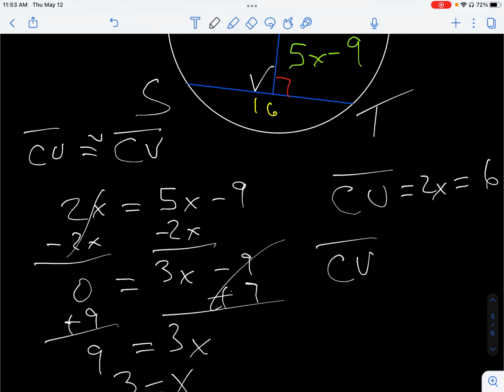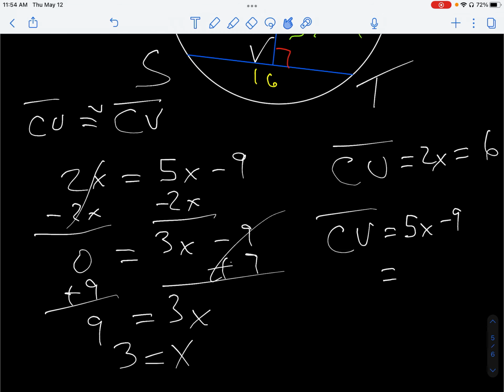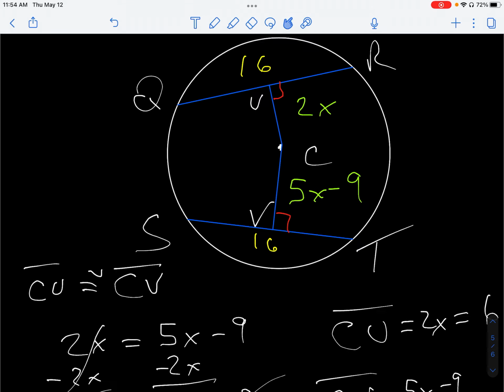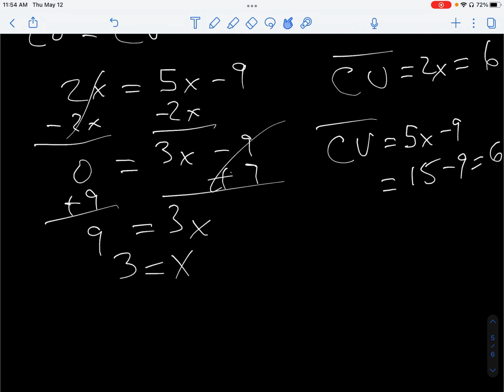And CV equals 5x minus 9, which equals 5 times 3 is 15, minus 9 equals 6. And we are done.